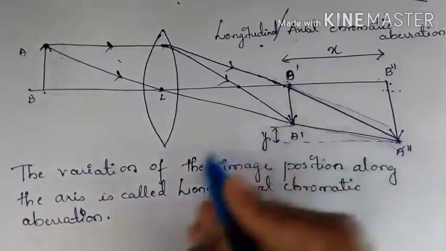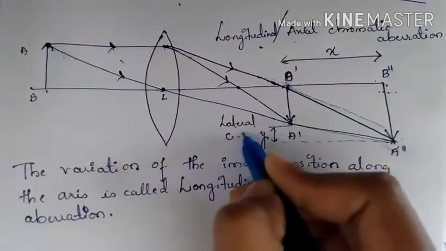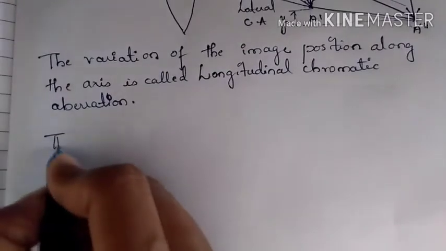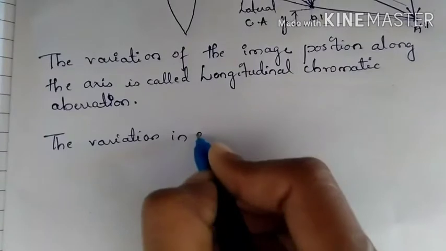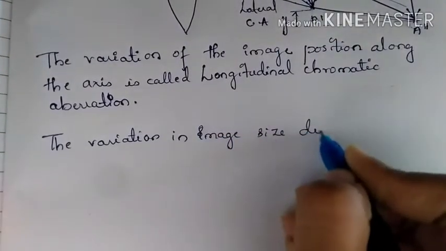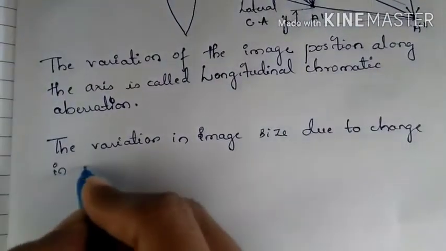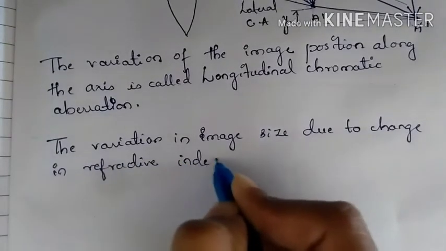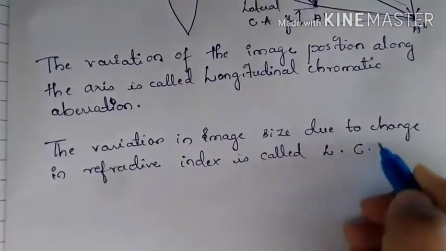So what is lateral chromatic aberration? The variation in image size due to change in refractive index is called lateral chromatic aberration.